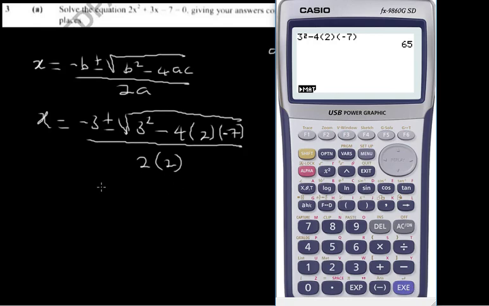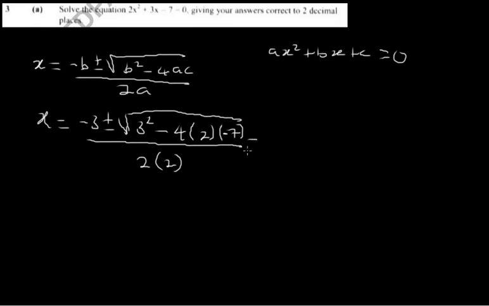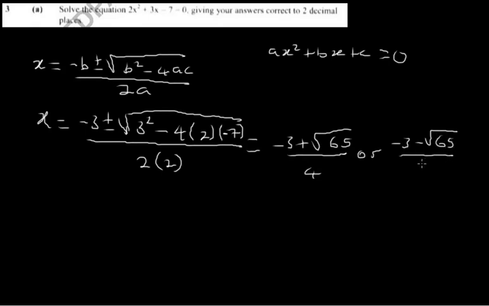And so we have, this is equal to negative 3 plus root of 65 over 2 multiplied by 2 is 4, or negative 3 minus root of 65 over 4, right?